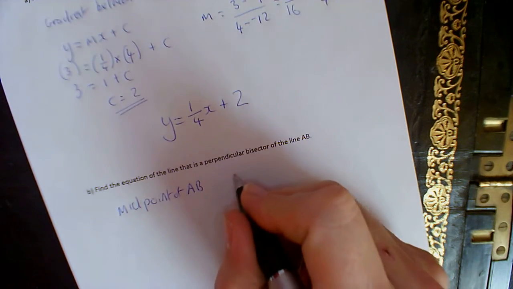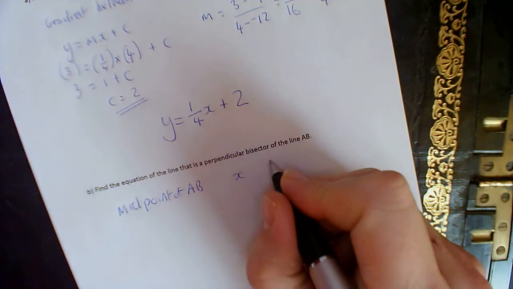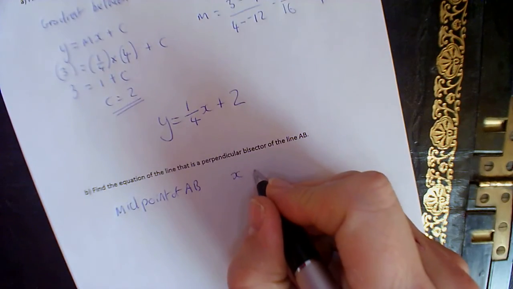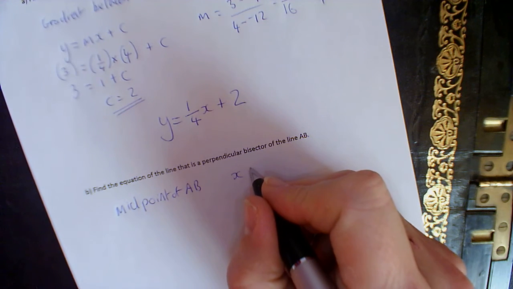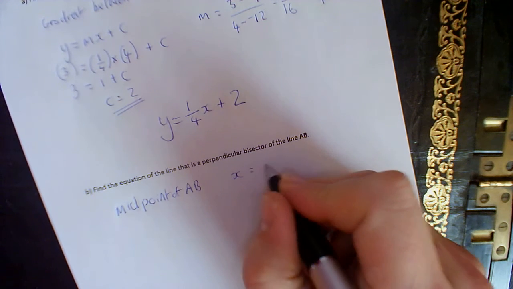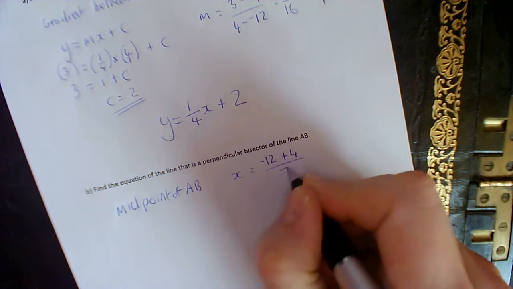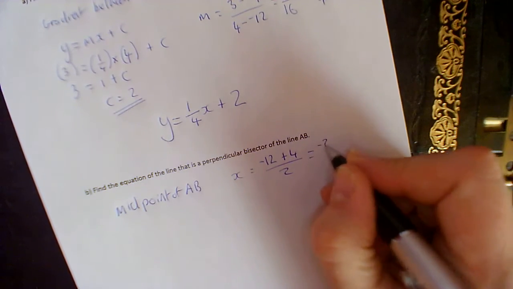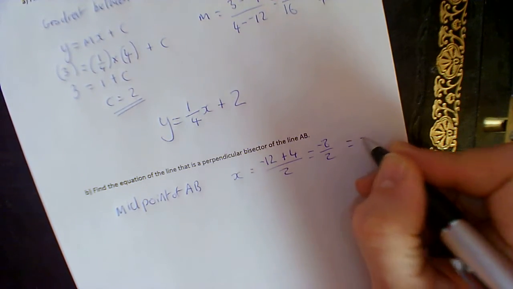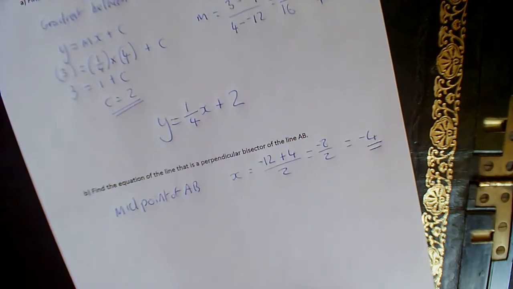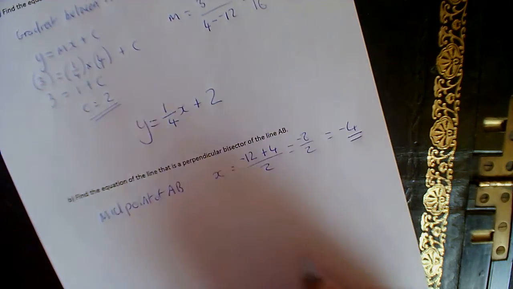Well, the x coordinate will be halfway between negative 12 and 4. So the x coordinate is going to be negative 12 add 4, divided by 2. That's negative 8 over 2, negative 4. So we are going to be dealing with negatives here.